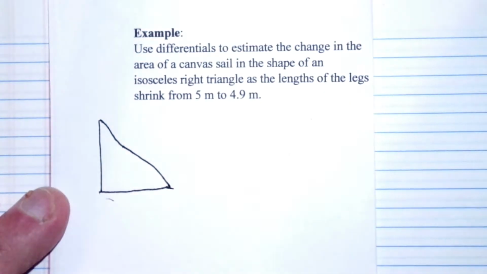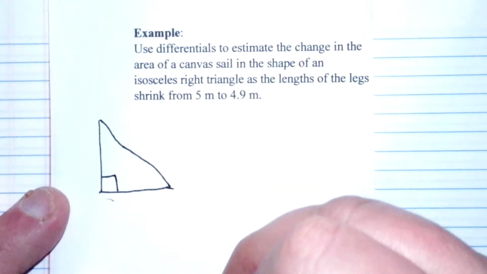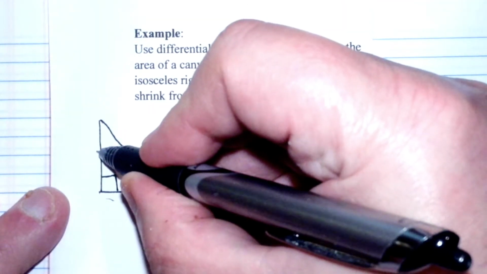Alright, that's not a very good triangle, but there's our right angle, and then the two legs are of equal length.